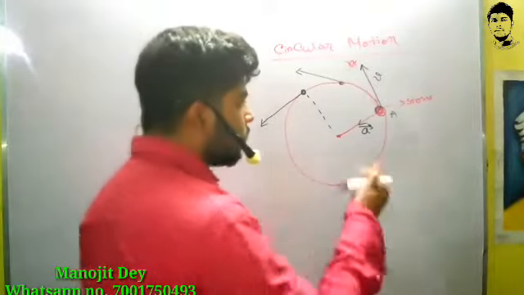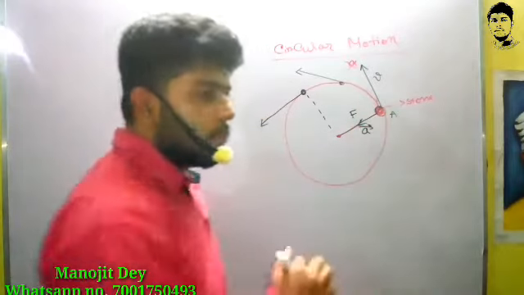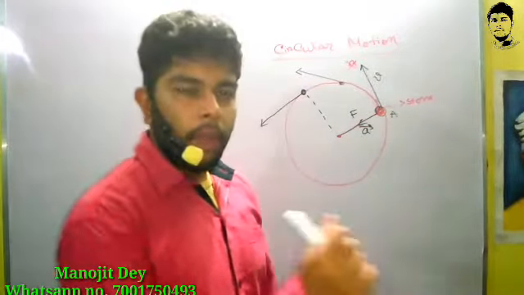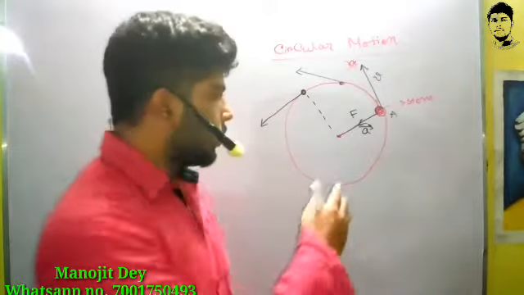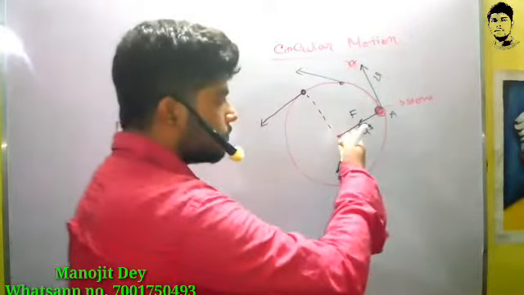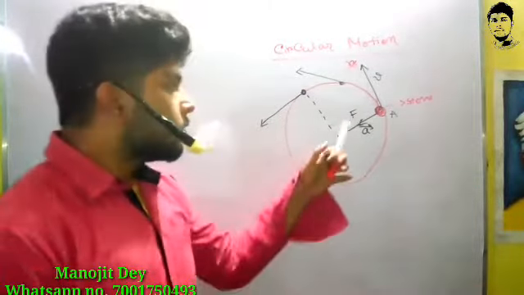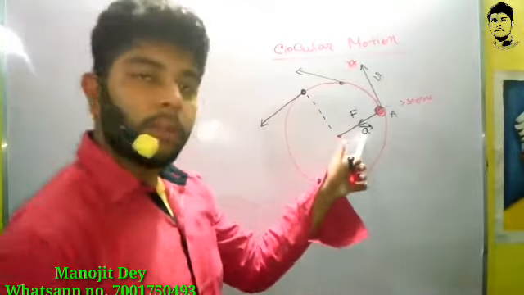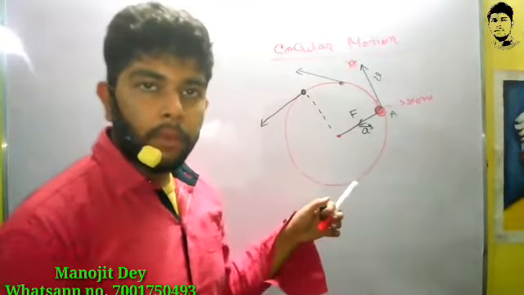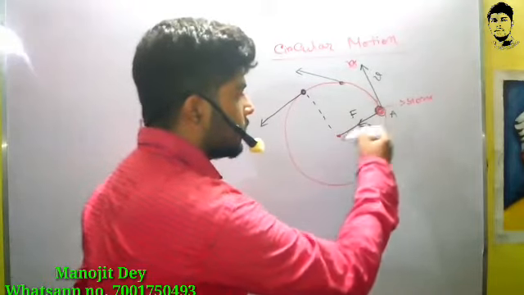So the direction of the force will be in this way. From Newton's second law, we can say that the direction of force and the direction of acceleration are the same. From that equation, we can say that the direction of acceleration will be this way.